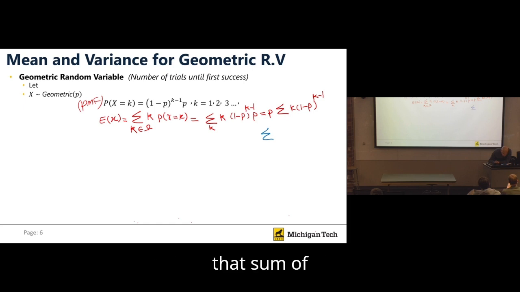So we know that the sum of r to the k in general, for k from 1 to infinity, is 1 over 1 minus r. Okay, so we know that.